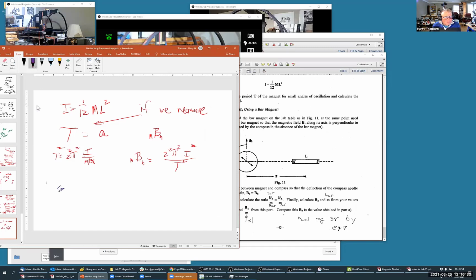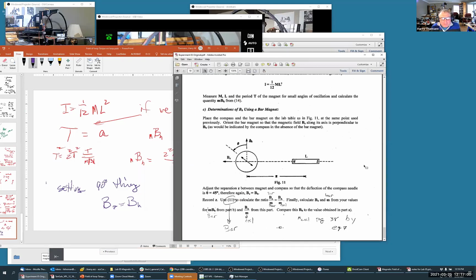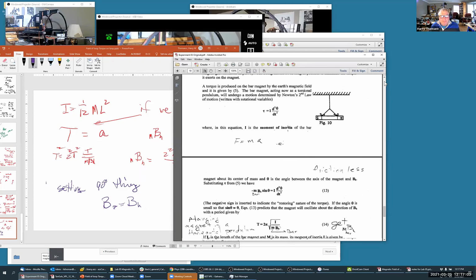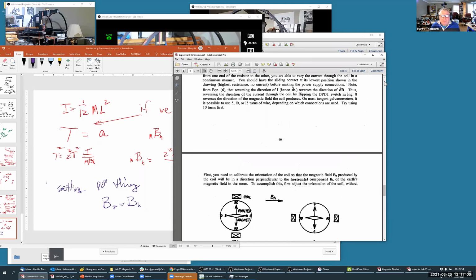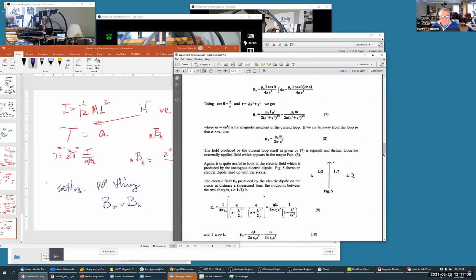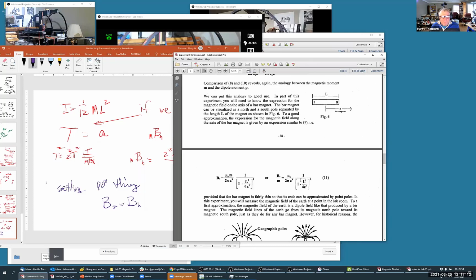So setting up the 90-degree thing again, we can say that the B of the bar magnet is equal to the B of the horizontal component of the Earth. But since we're using 11, oh, that's way back here.